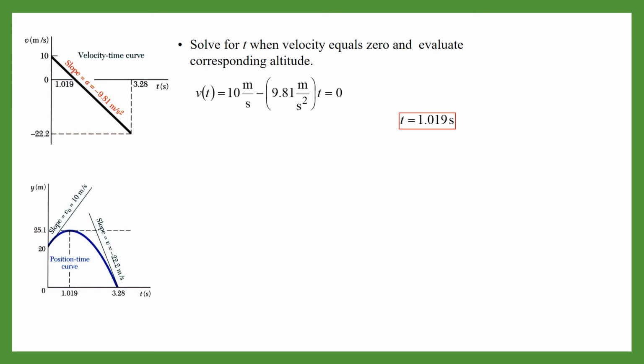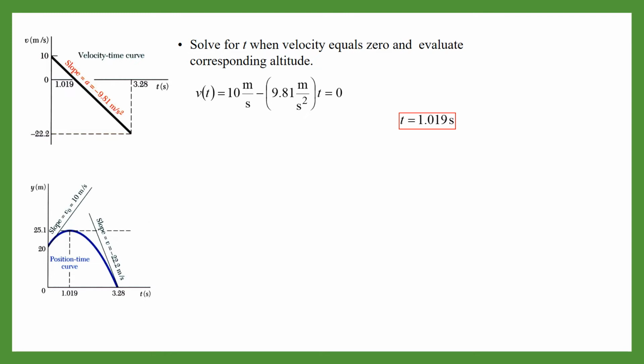Now to obtain the second part of the problem, you will simply solve for T when velocity equals 0, so that you can calculate the corresponding altitude.